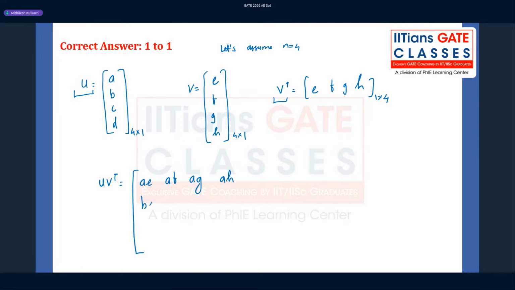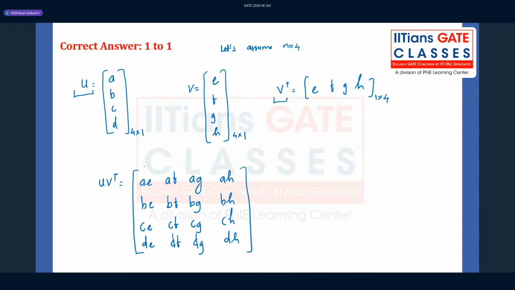Similarly, BE, BF, BG, and BH. CE, CF, CG, CH, DE, DF, DG, and DH. You can clearly see all the columns.